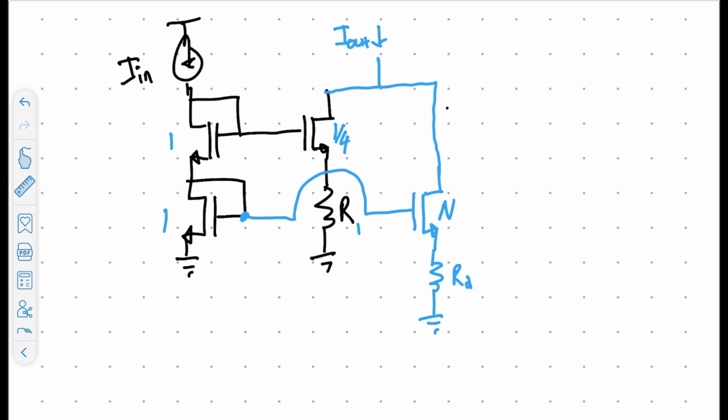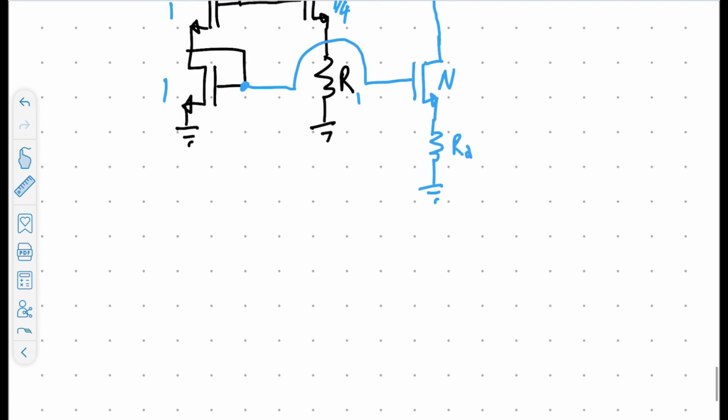And the expression that we would get here is that I out is equal to VTH over R1 plus phi t natural log of N over R2.